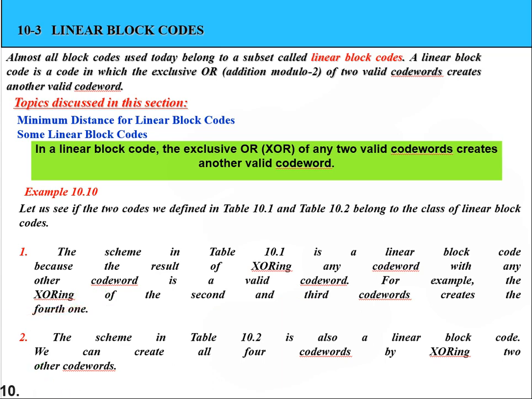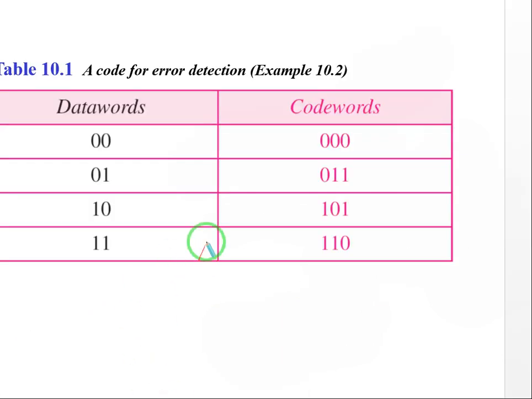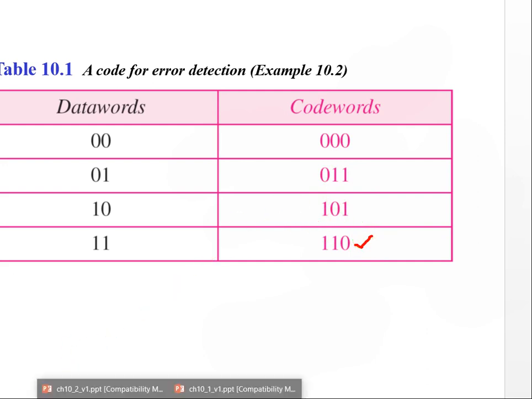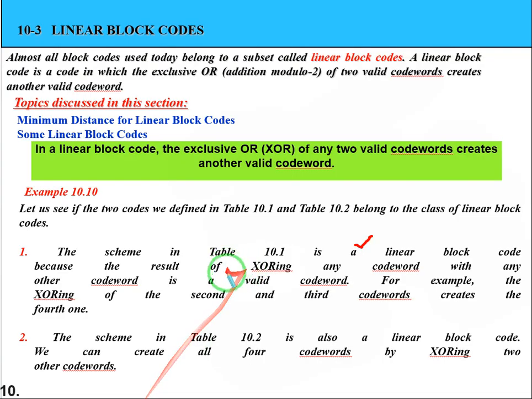Now I will show you. This is your table 10.1. We have the code words 2 and 3. When we XOR these two, we get 0 1 1, and this is your third code word after the XOR operation. Basically he's saying that when two code words are XORed, the result will be another valid code word.